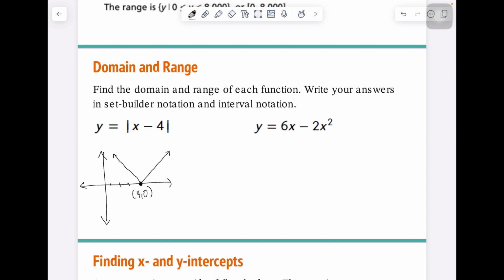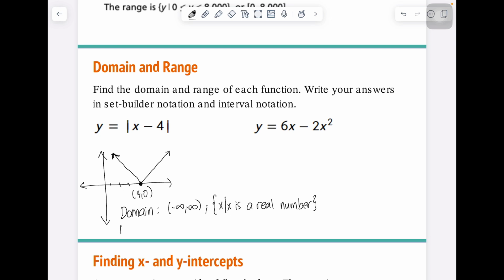Take a look at the graph. The V shape, as it goes up, it widens. So the domain is from -infinity to +infinity, or in set builder notation, x such that x is a real number.